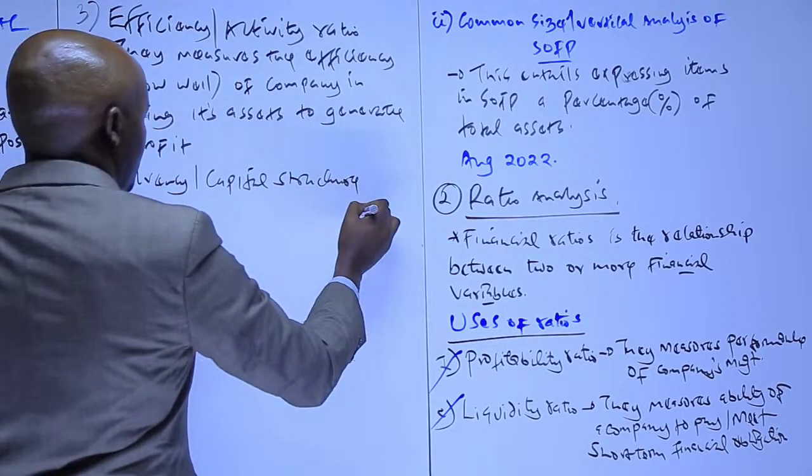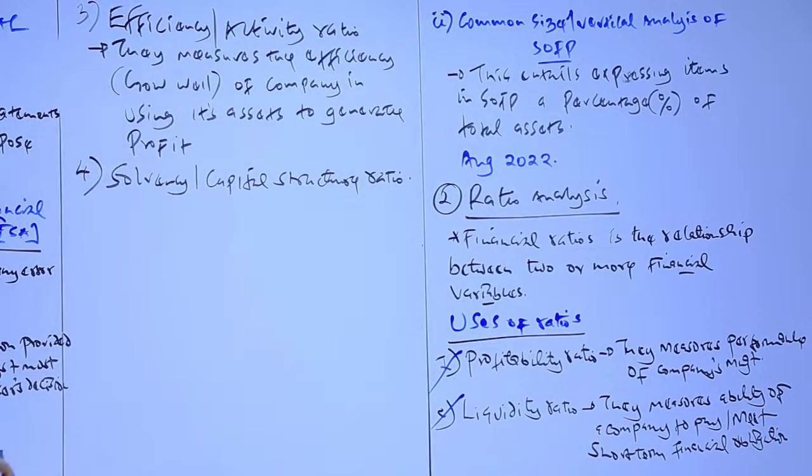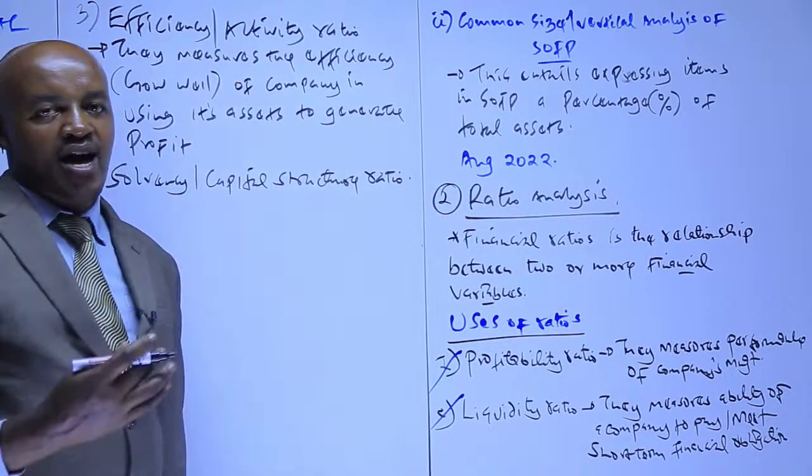The solvency or capital structure ratios. Now these ratios, on the other hand, are computed to determine the ability of the company to pay or to settle the long-term debts as and when they fall due.